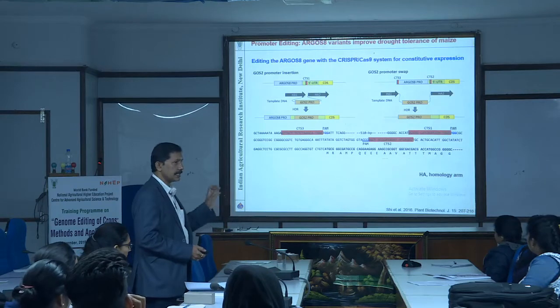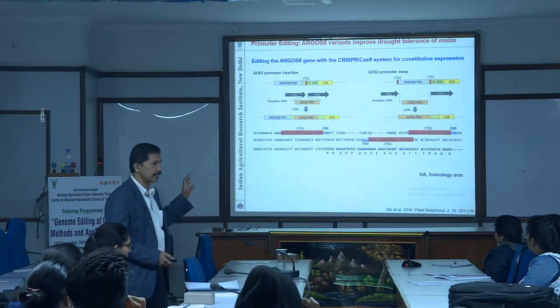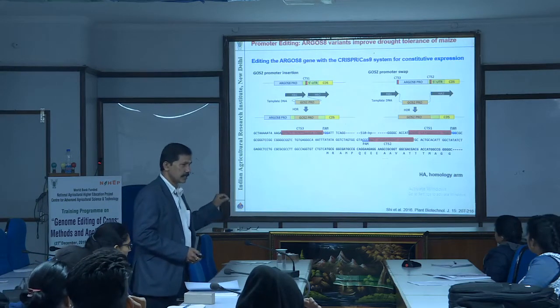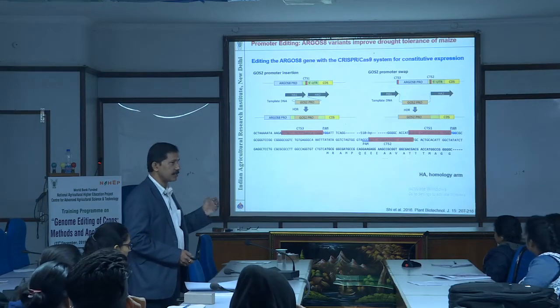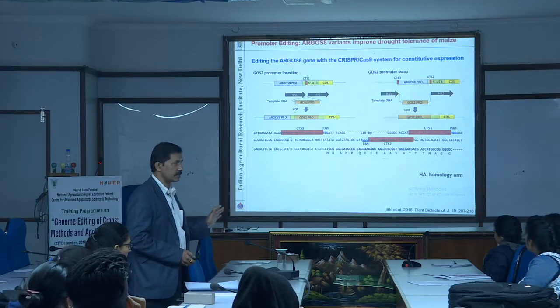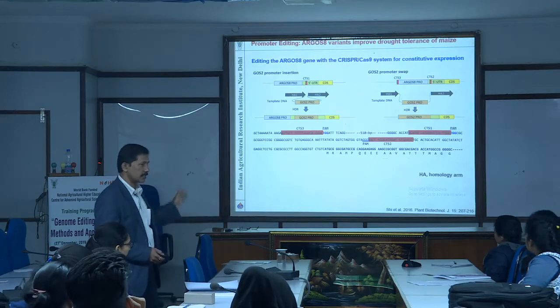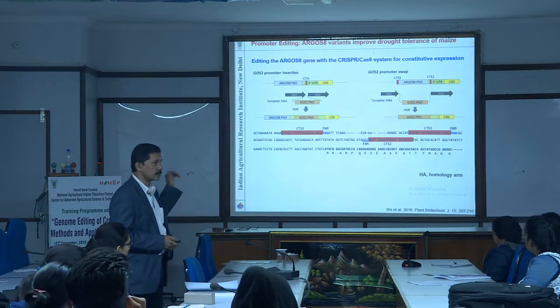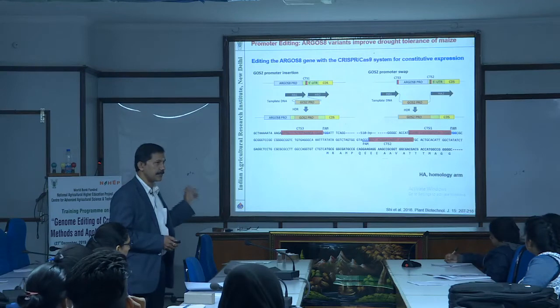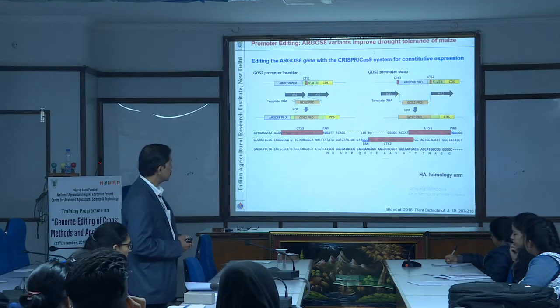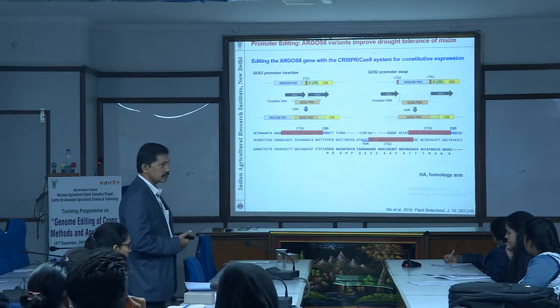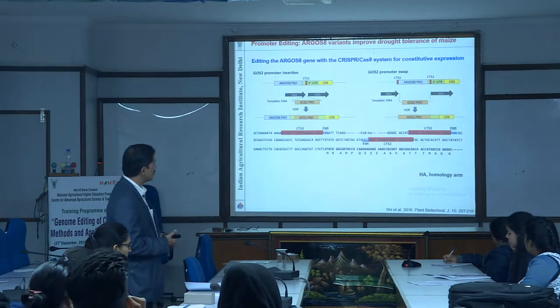For example, if you delete the ABRE binding element in a drought responsive gene, only the drought responsive expression will be reduced. Otherwise, the rest of the cis elements are intact, so the regulation by other pathways, developmental pathways, will still be working. That's why we need a lot of understanding about the promoter.